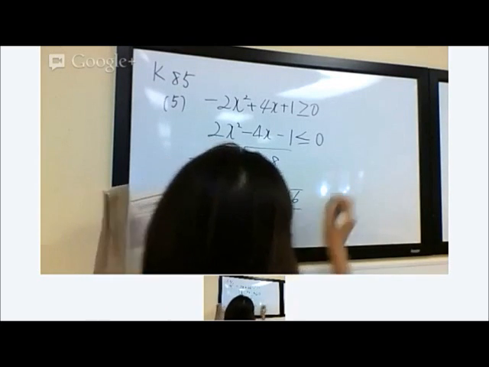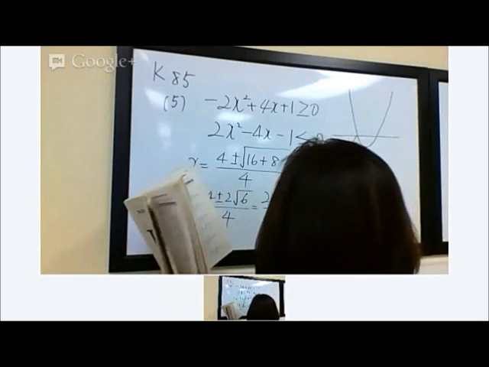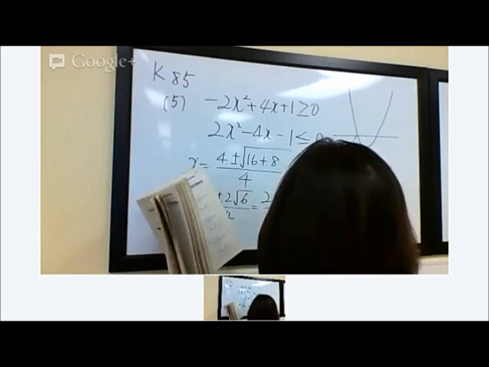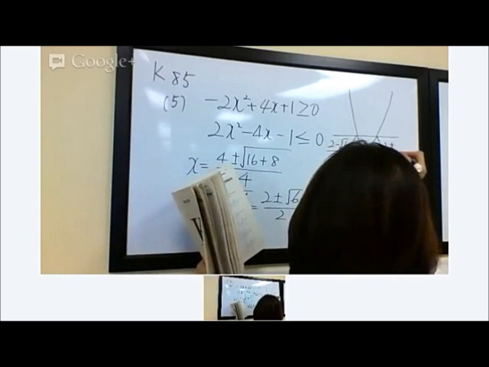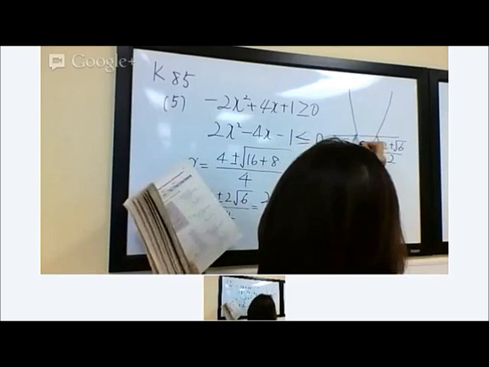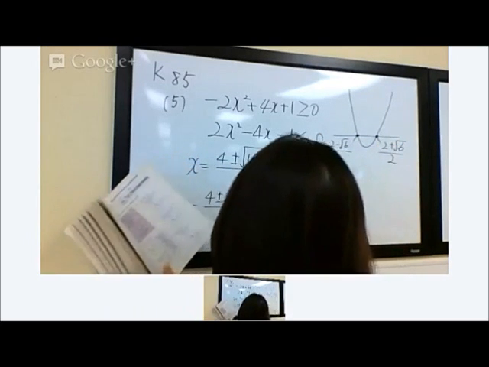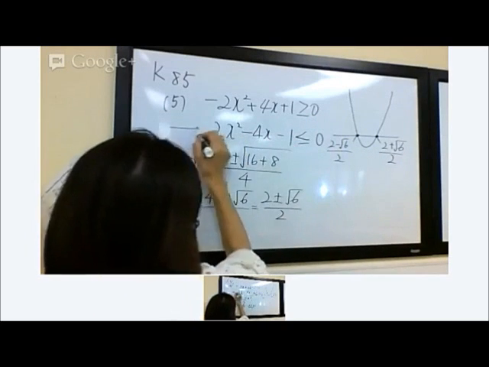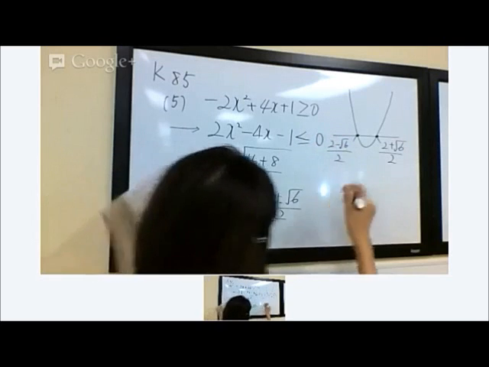This is one, right? Then we can find the intersection here. The smaller one is 2 minus root 6, and the larger is 2 plus root 6. This one has an equal sign here, so it is blacked out here. Then not this one, right? Now we change to this, so less than or equal to 0.